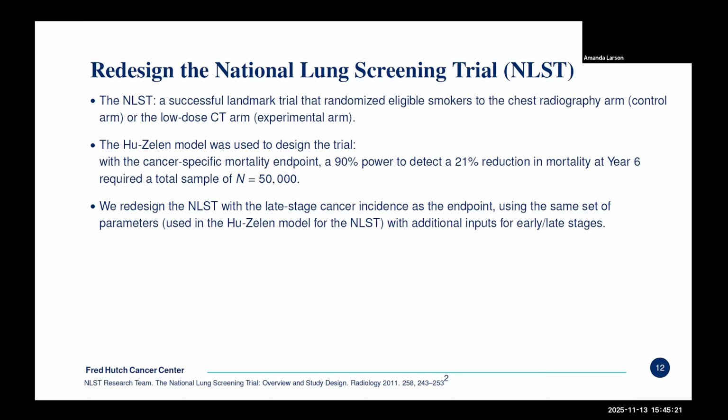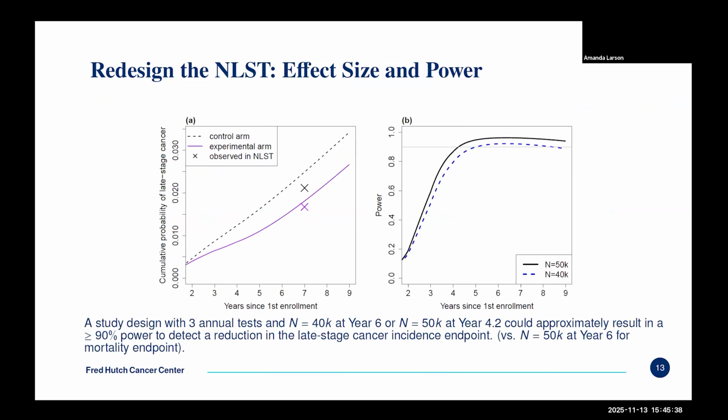So we redesigned this trial with late-stage cancer incidence as the endpoint, using the same set of parameters and with some additional inputs for early and late stages, like sensitivities. We considered a study design with 3 annual tests.